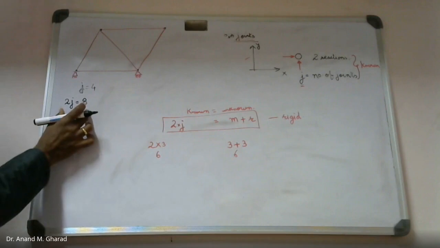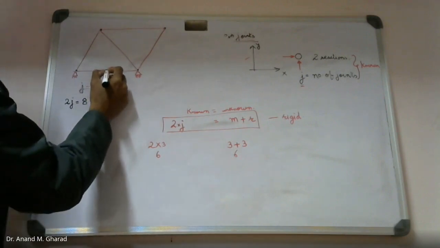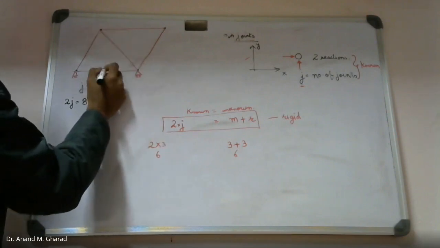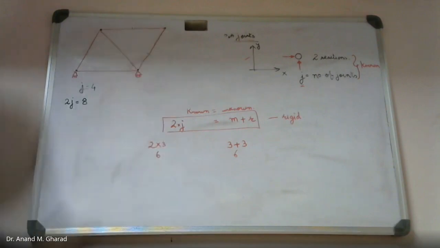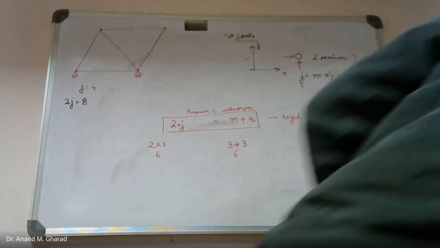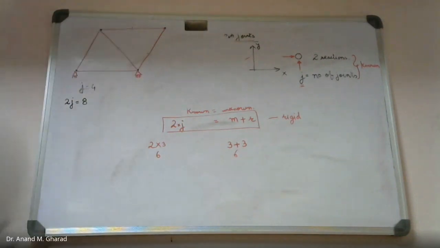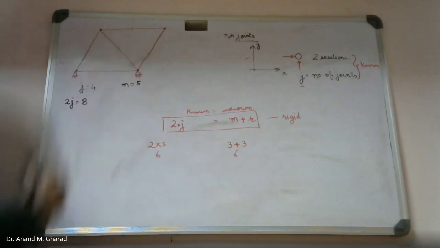This is what we know. Now what are the unknowns? How many members do we have? 1, 2, 3, 4 and 5. Do you agree? There are 5 members in our case. So I will write m is equal to 5.